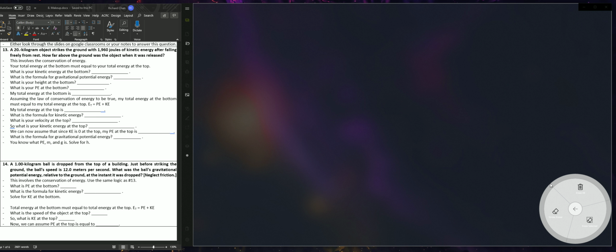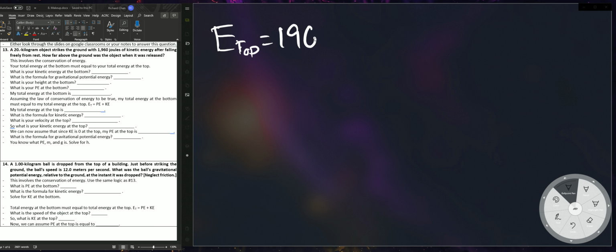Let's actually get rid of this. The only thing we're going to carry over is that the energy at the top is 1960 joules, because that's the conservation of energy. Now, what is your kinetic energy?